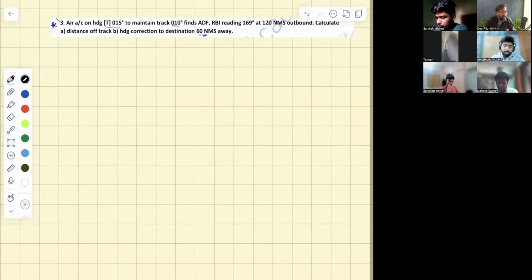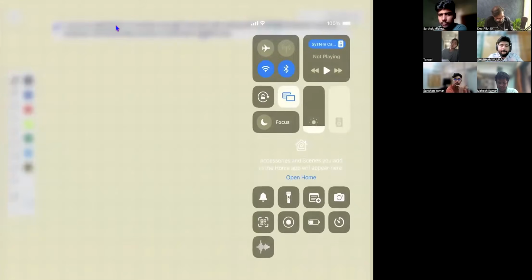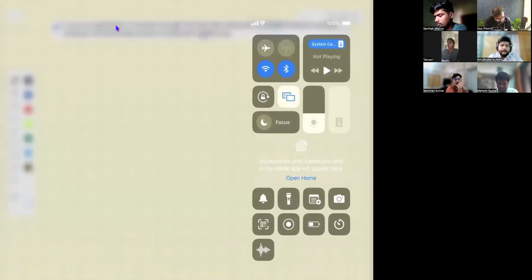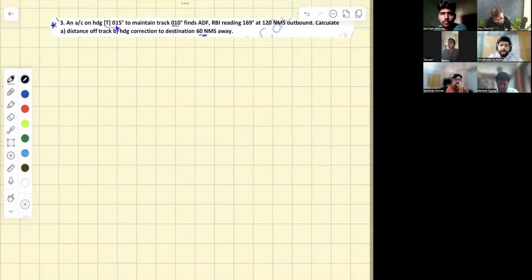An aircraft is on heading 015 degrees. Heading is equal to 015 degrees. It has to maintain a track of 010 degrees.